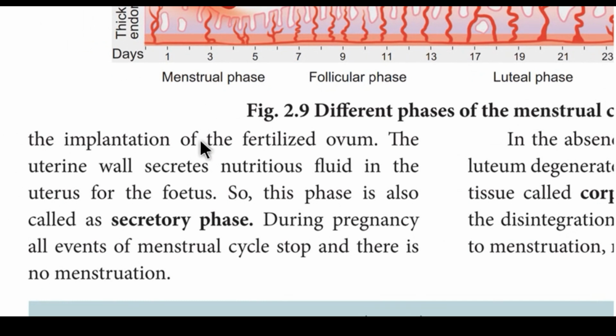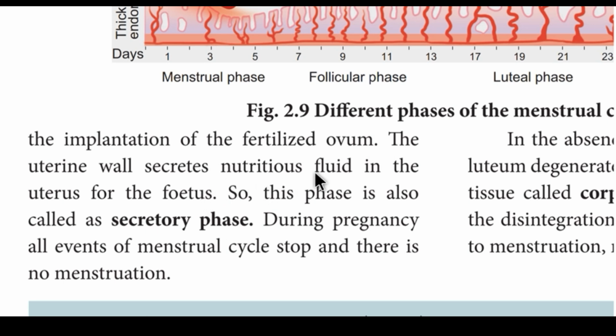for implantation. Suppose the lady has a chance of fertilization, the ovum is implanted, which means it is attached to the uterus. For the fertilized ovum, the uterine walls secrete a nutritious fluid in the uterus for the embryo.